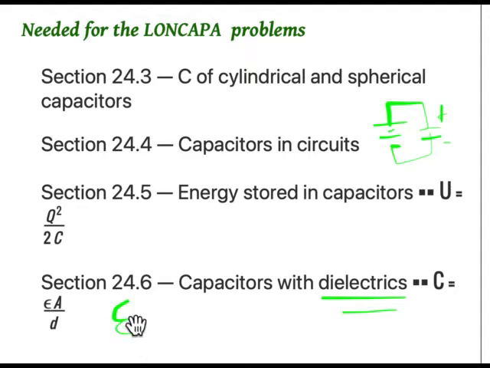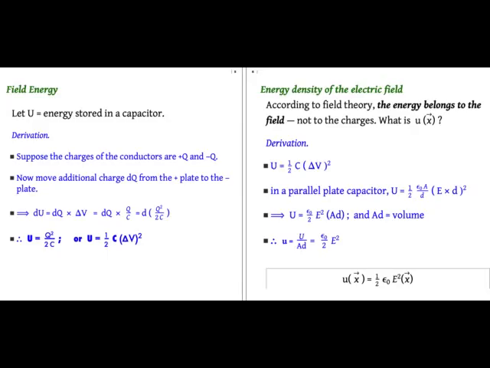Epsilon is sometimes called the permittivity of the material, or could be called the dielectric constant. So to do the Kappa problems, you'll have to understand some of the equations in chapter 24.